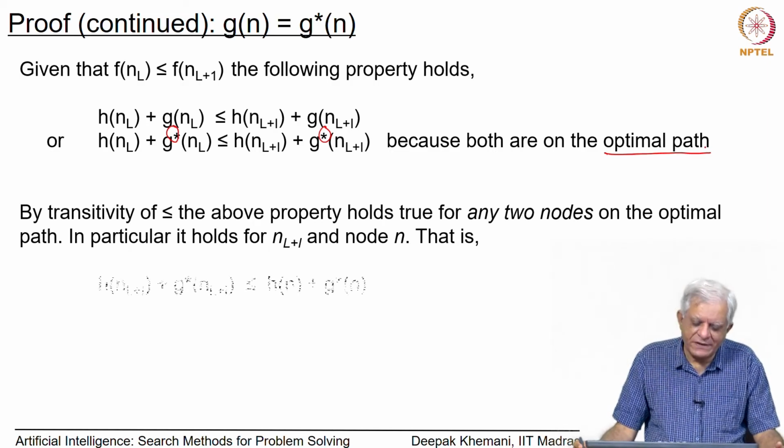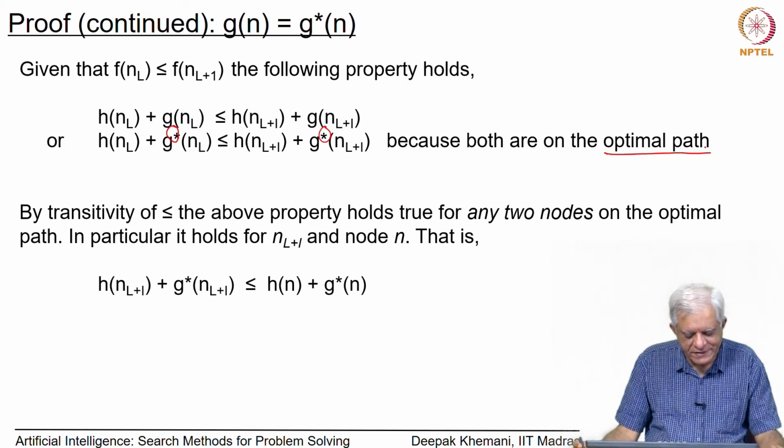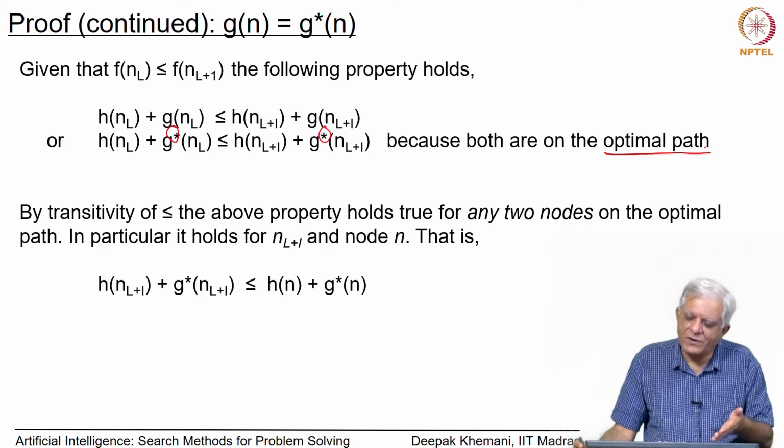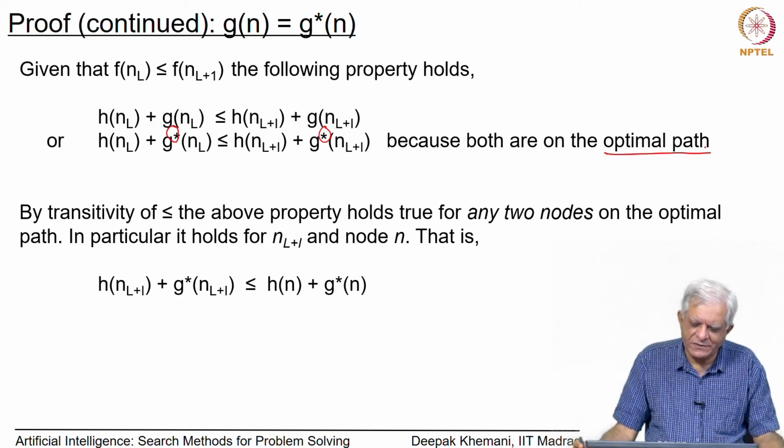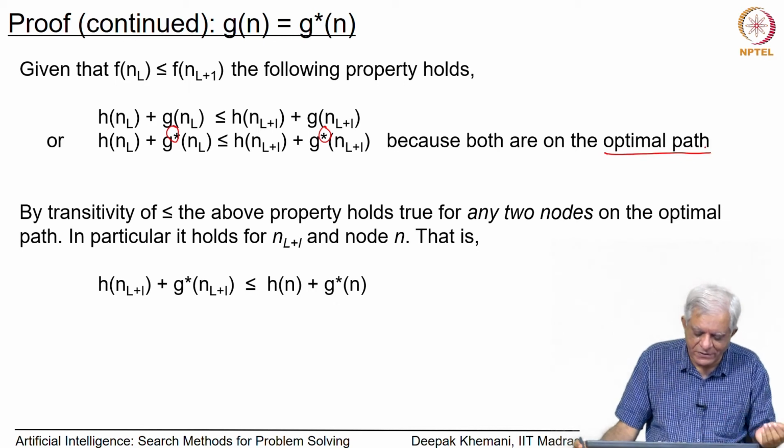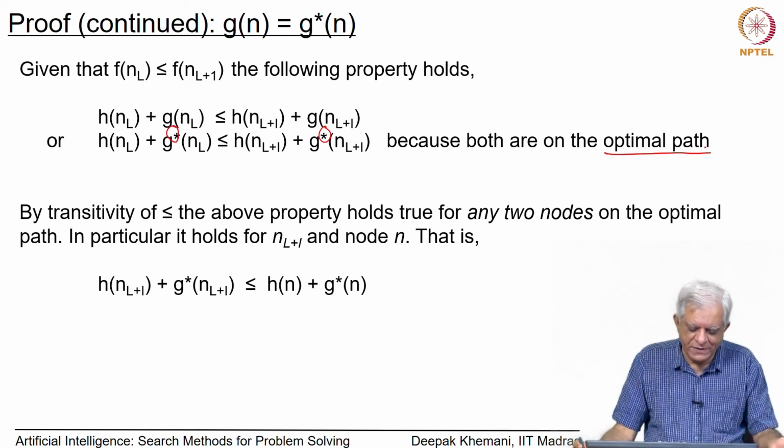Now, by transitivity of this less than or equal to relation, the above will hold for n of L plus 2, n of L plus 3 and so on, and eventually we know that n lies on that path. So, eventually it must also hold for the node n.